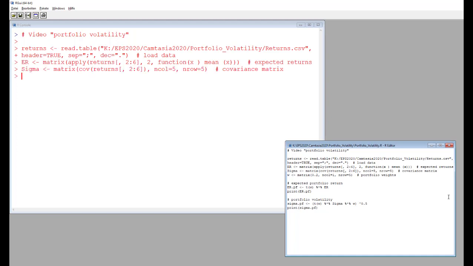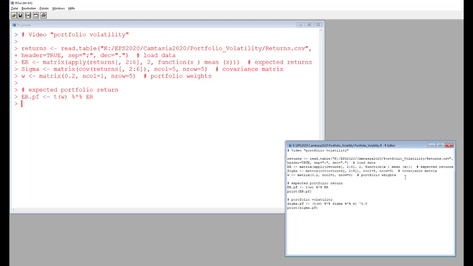I define the covariance matrix, which I call sigma, and I also define the weight vector, a vector with 1 column and 5 rows and a 20% weight for each of the 5 assets.